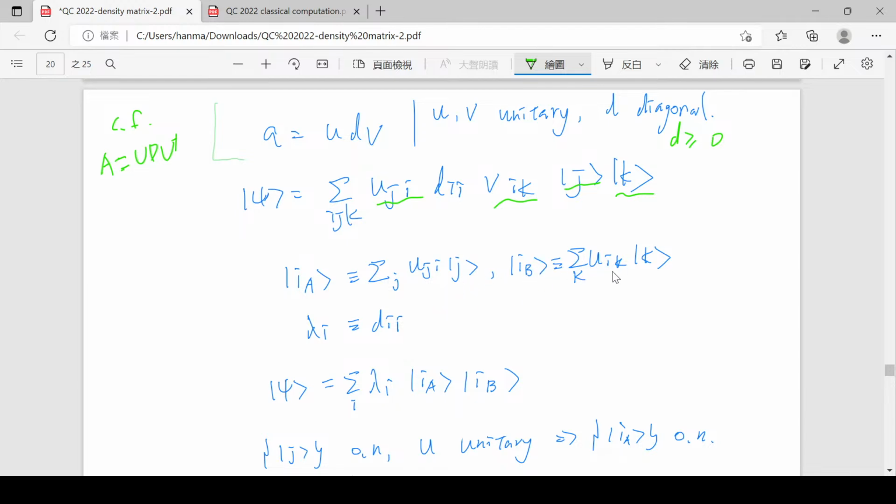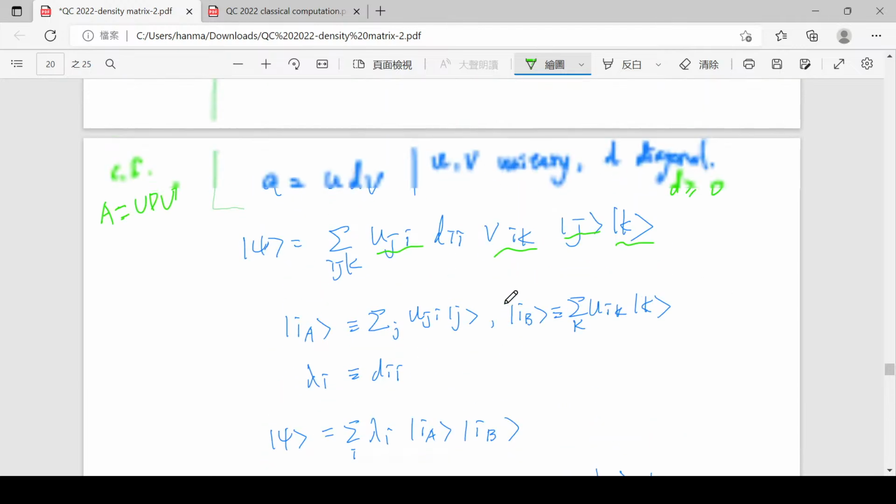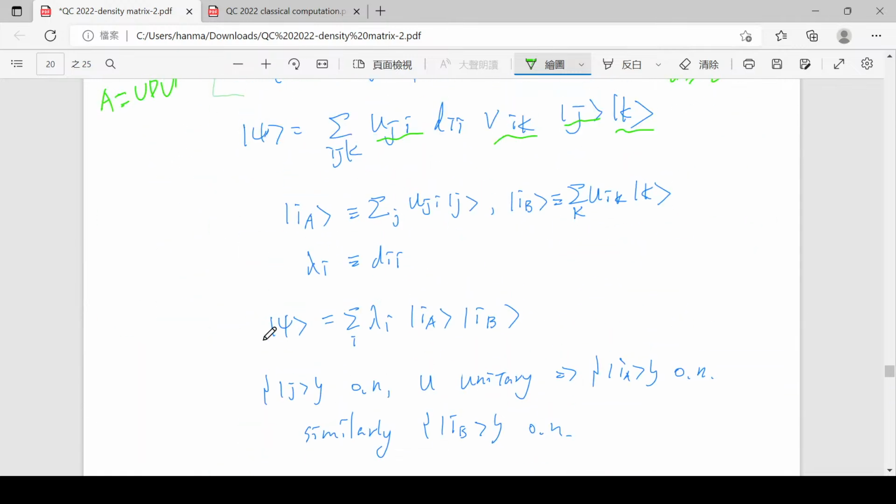Similarly, iB is defined by the summation over k of V_ik times |k>. This notation makes sense because now every dependence on j is summed over, so this is just some function of i. This is also a sum over everything dependent on k, so it is also a function of i. And this D_ii also only depends on i, so let's define that as lambda i. Now we already have this form: psi is the summation over i of lambda i, iA tensor iB.